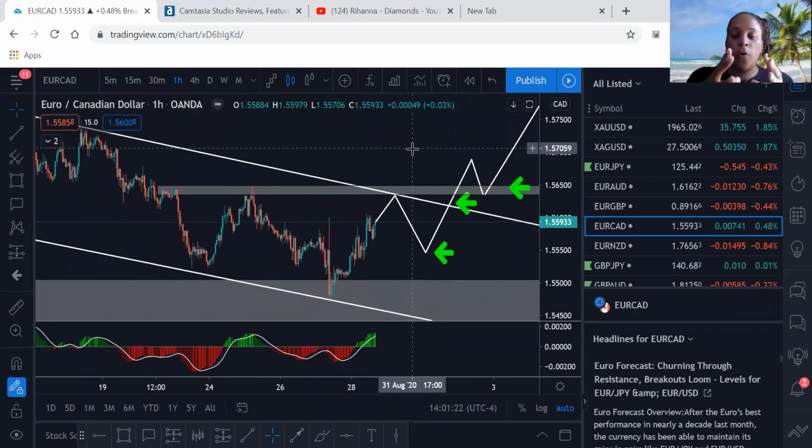What we focused a lot on in the last couple of months was entries, making it simple for you guys to understand entries and using the MACD to enter, and building you up.